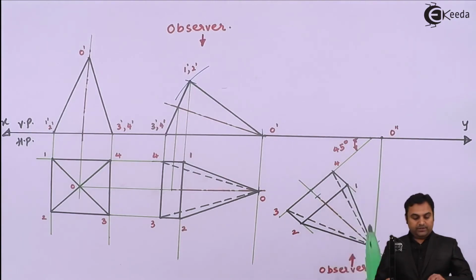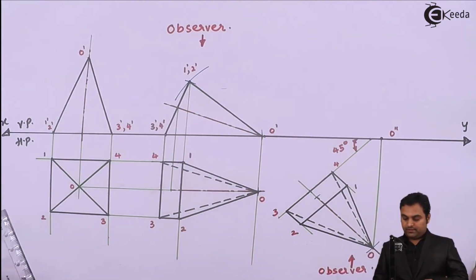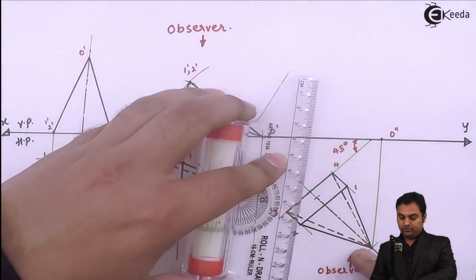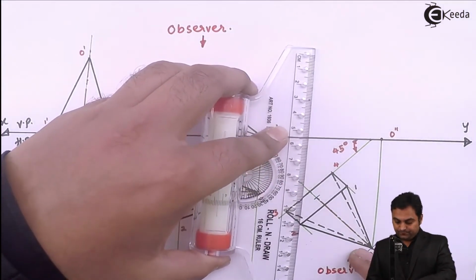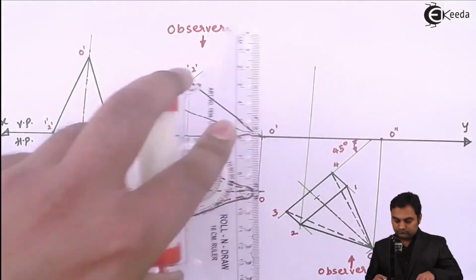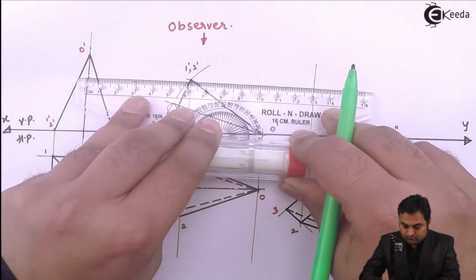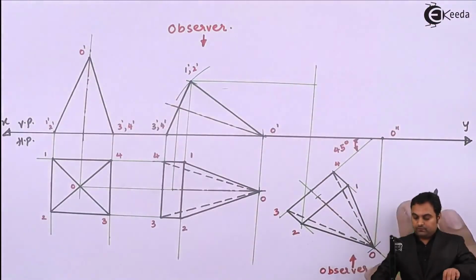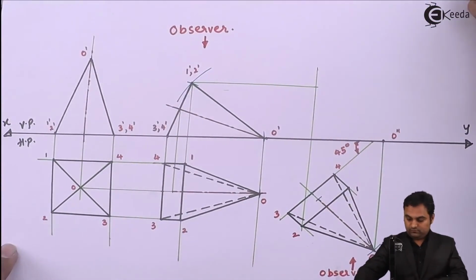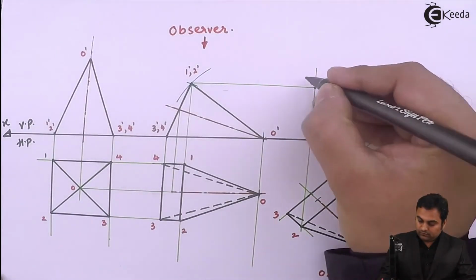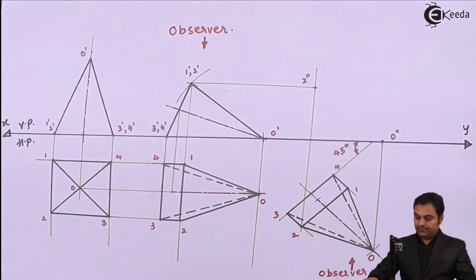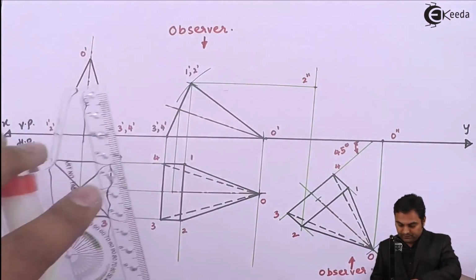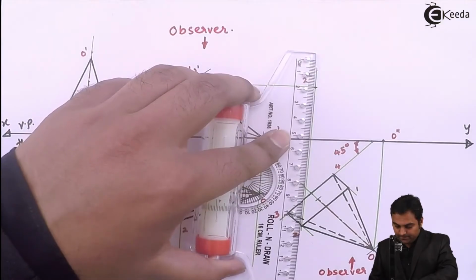Next, point 1. And before projecting point 1, I'll project 2 and 3 because they are closer to the observer. So point 2 will be projected. So point 2 double dash. Next, point 3. That needs to be projected.